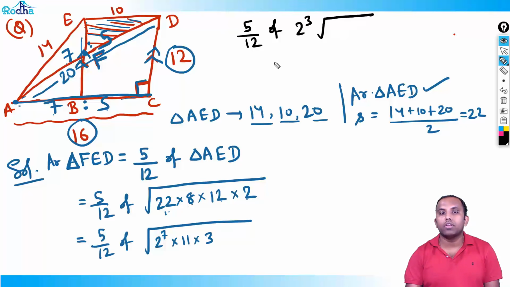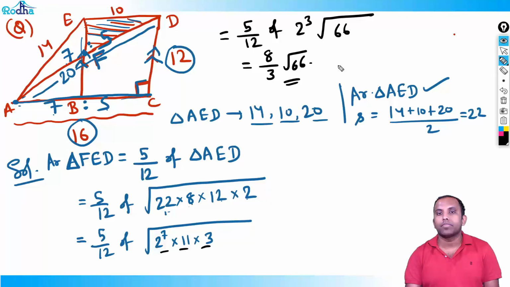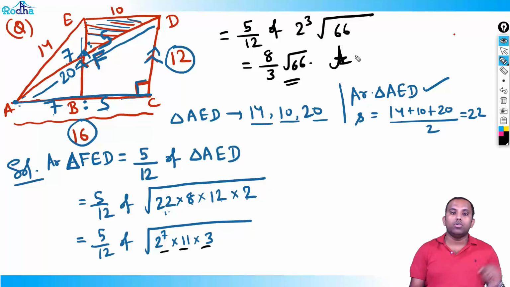Inside, 2 will be left. So 2 into 11 into 3 will be 66. So root 66, right? So it becomes 5 into 8, 40/12. What is 40/12? 8/3. Okay, 8/3. So 8/3 root 66. That is the answer.